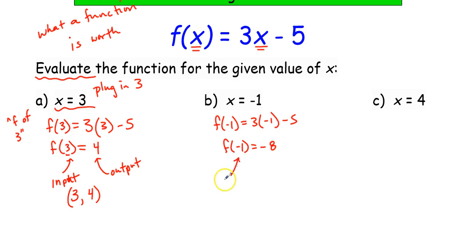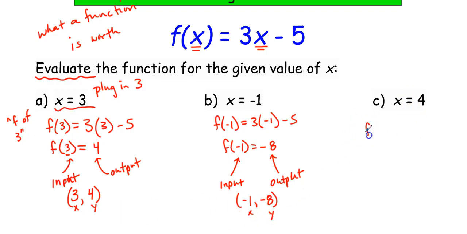One more time, this is the input, this is the output. So my ordered pair looks like this: when I plug in negative 1, it spits out a negative 8. Remember, these are just x, y coordinates.